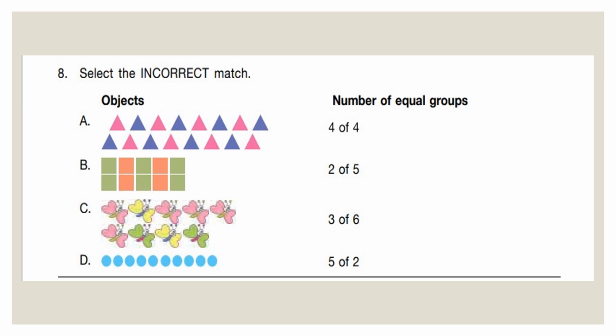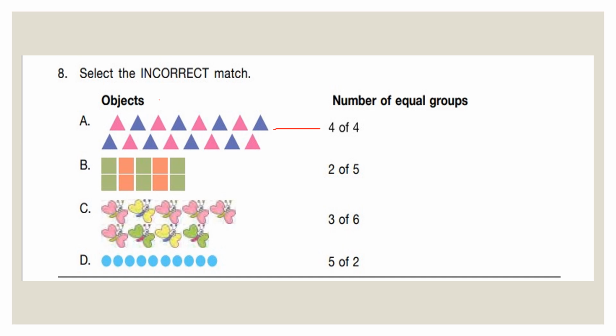Question number 8. Select the incorrect match. In option A, we match objects and number of equal groups. In option A, there are a total of 4 groups of 4 triangles. That is correct. In option B, 2 groups of 5 squares.